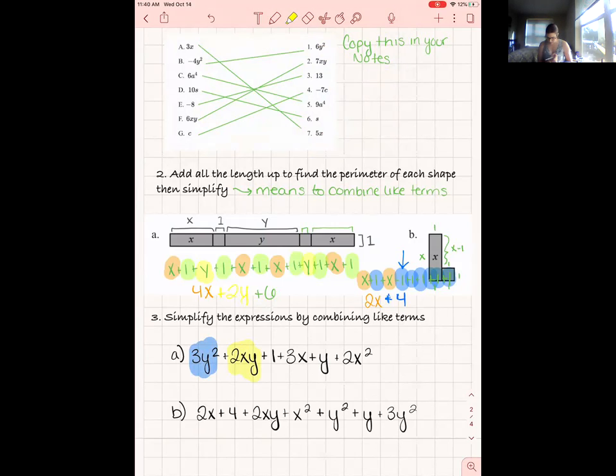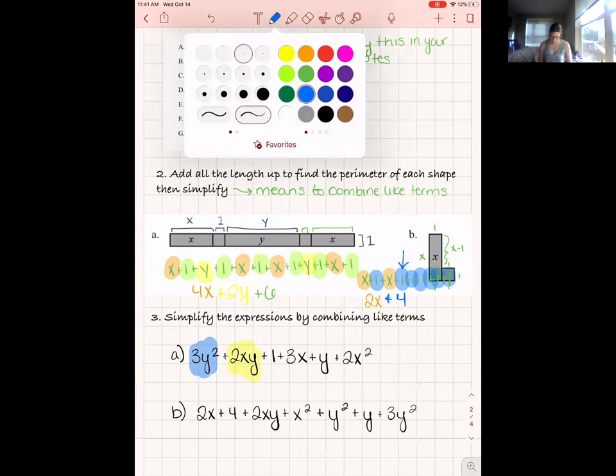In fact, this one doesn't have anything to combine, so the only thing that I would say you want to do is rearrange it, and we put it in alphabetical order from not having exponents to exponents.